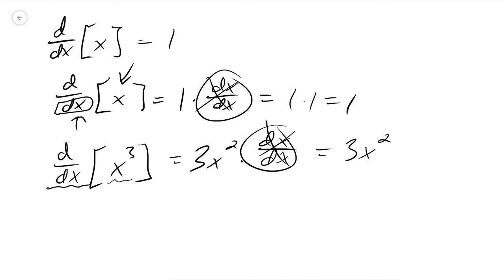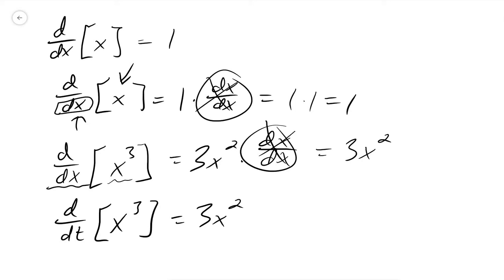But the reason I don't like that sometimes this isn't stressed is because, well, what happens if I'm taking the derivative with respect to a new variable? The inclination might be to say, well, the derivative of x to the third is just 3x squared. But wait, we're taking the derivative with respect to this new variable. So we have on the top the variable that we're taking the derivative of, which would be x, but now we have a different variable that we're differentiating with respect to, and that's t.